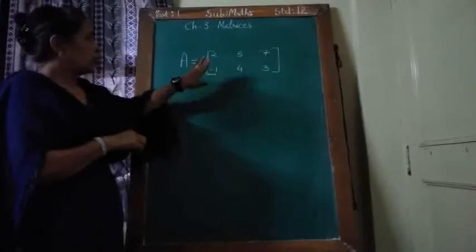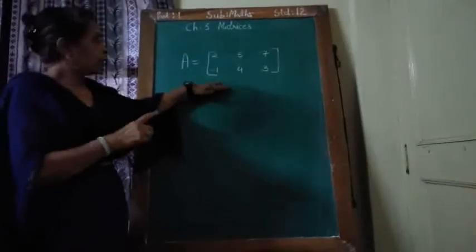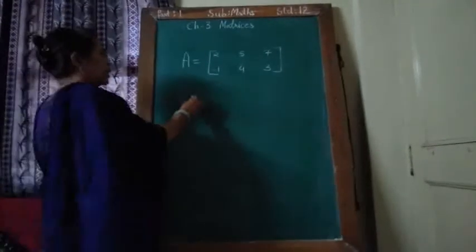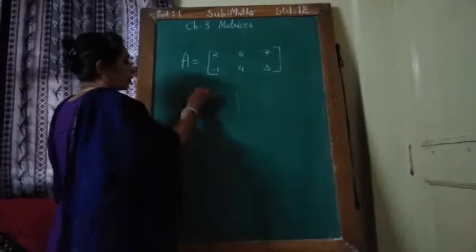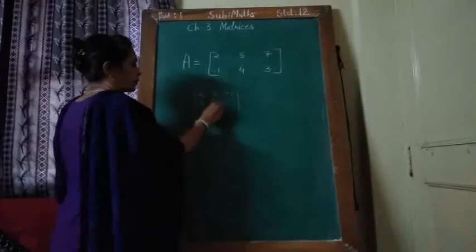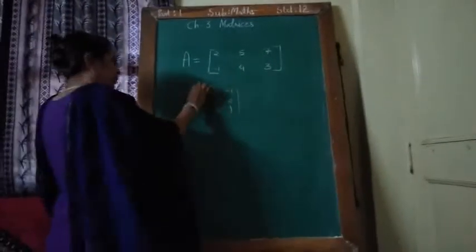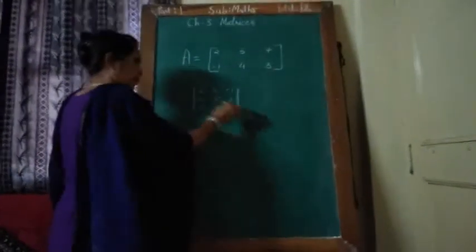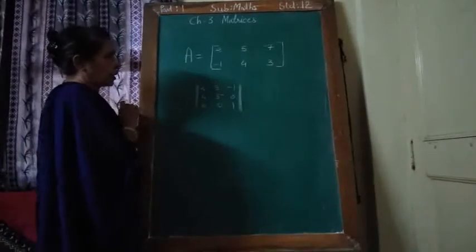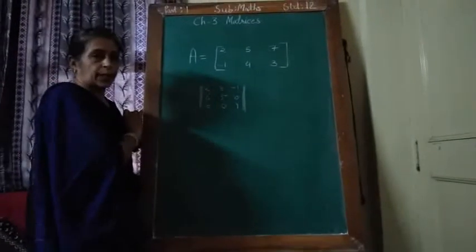Now, this bracket has no specific value, because in the next chapter there is the determinant chapter. In determinants also numbers are written like this, but they write in this form, not in square brackets. So what is the difference between determinant and matrix?